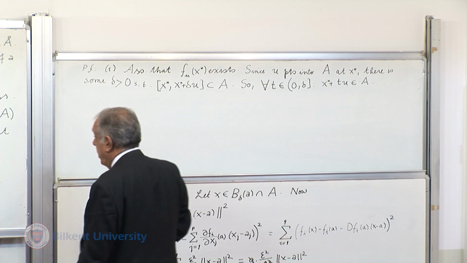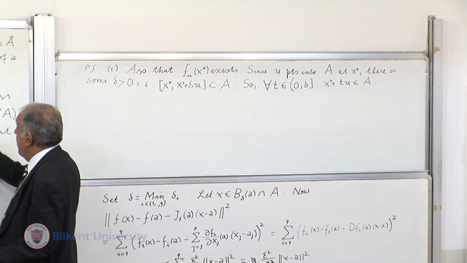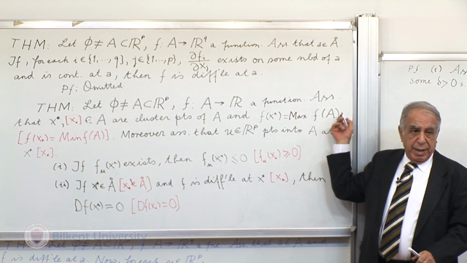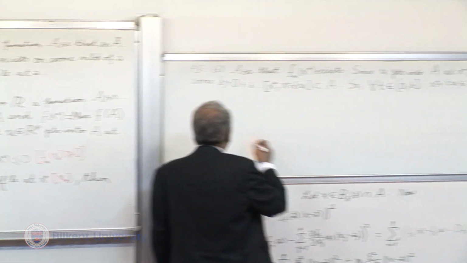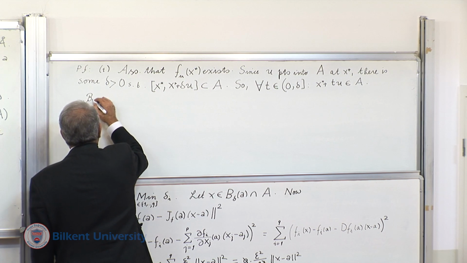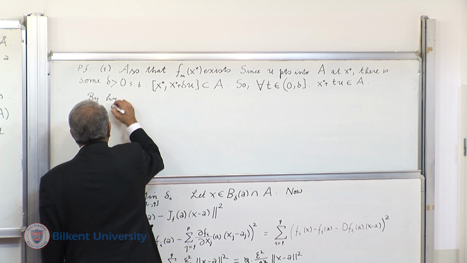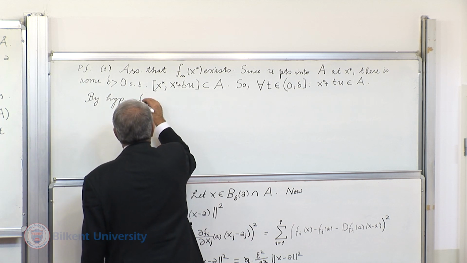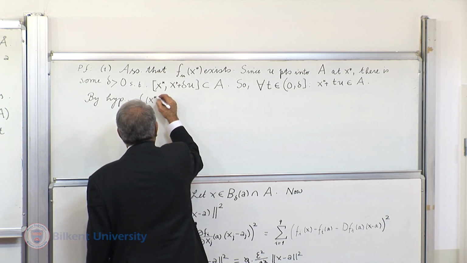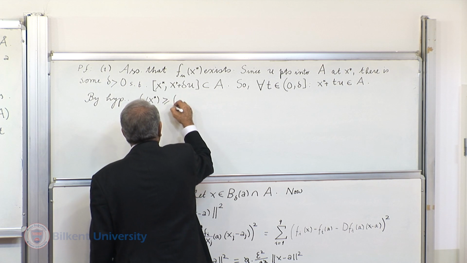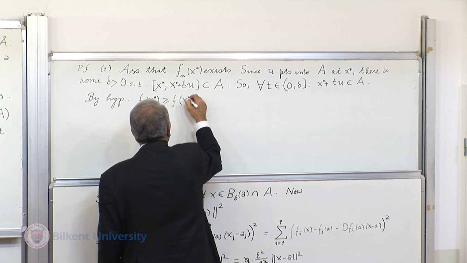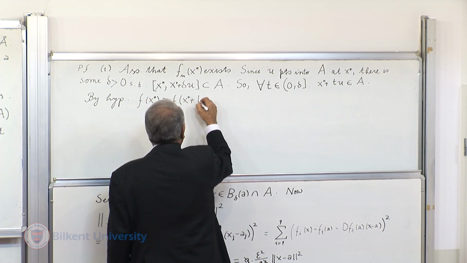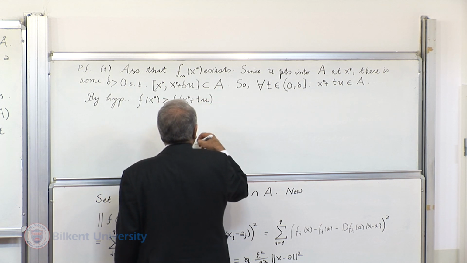But what do we know? F of x star is the maximum of f on cap A, by hypothesis. F of x star is larger than or equal to f of x star plus tu.